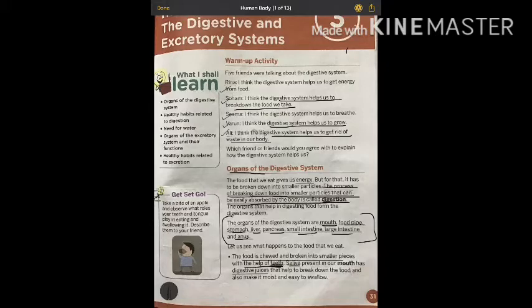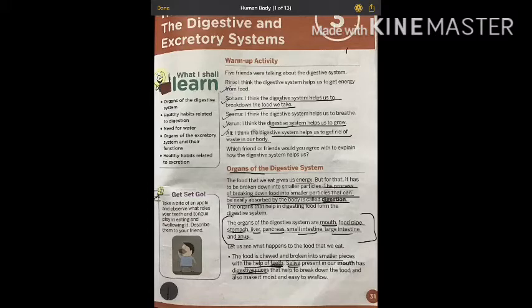And after the food is broken down into smaller pieces, it is mixed up with saliva in our mouth. Saliva is a liquid present in the mouth, and it contains digestive juices. Digestive juices means saliva contains digestive juices which have enzymes in it.